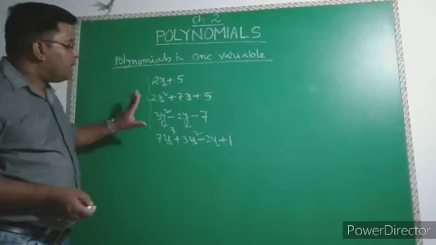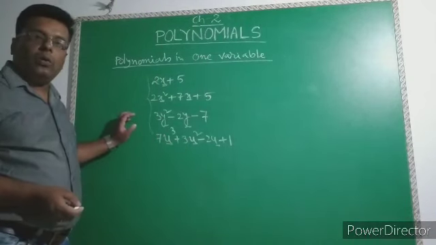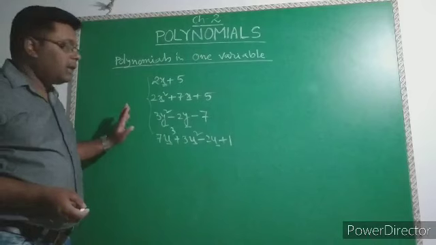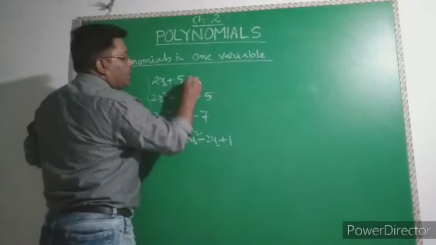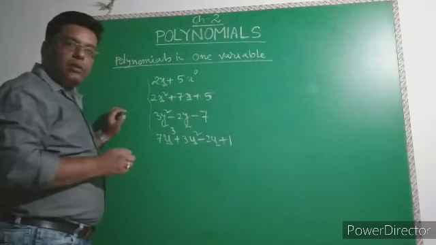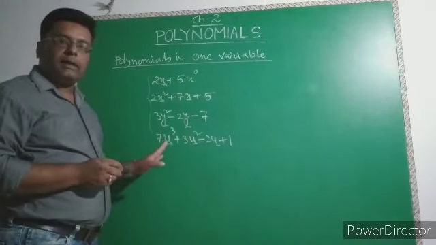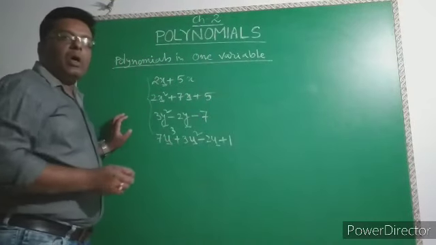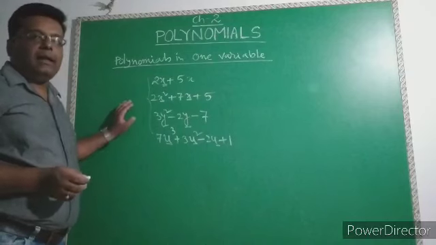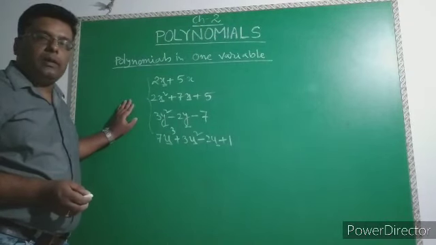That is, in these the power of the variable is a whole number. Whole number means, suppose it is 5, we can write 5 into x to the power 0 here. That is 0, 1, 2, 3, etc. So an algebraic expression whose exponents are whole numbers is called a polynomial.